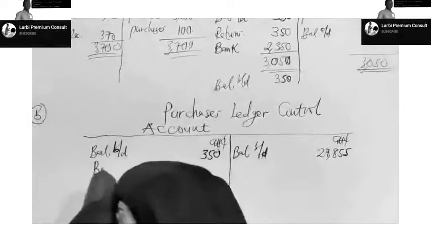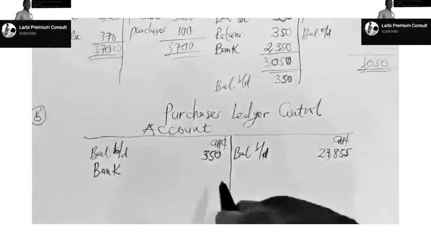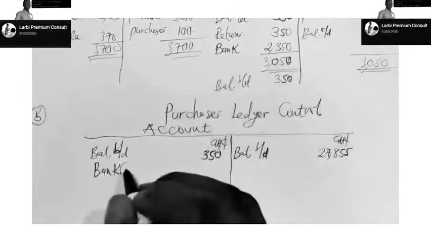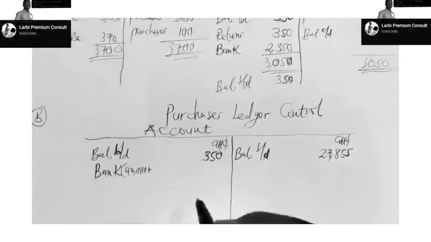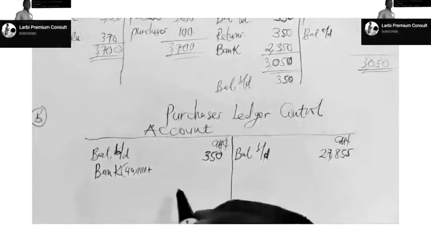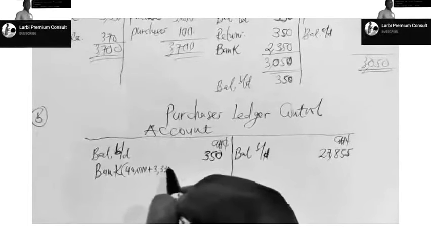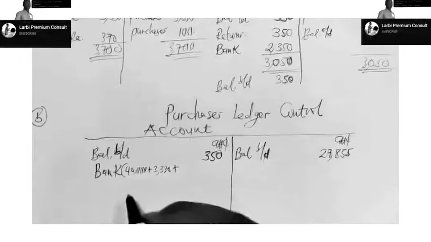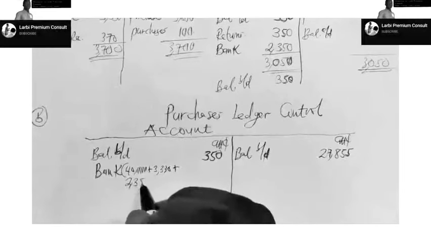So here I'll have my bank account as a total. Let me do this. 40,000 plus 3,230 plus what we paid to Edu Construction, which was 2,350.